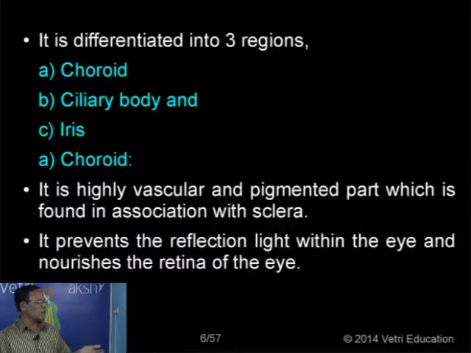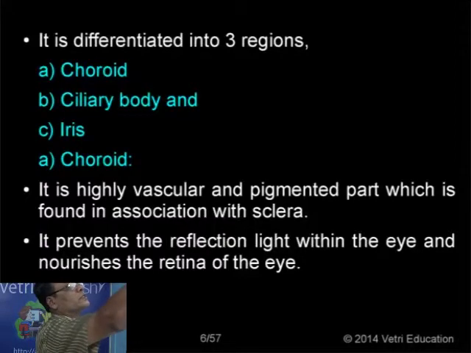The same function is performed by this layer, as it contains melanin pigment and is dark in color. Secondly, as it is supplied with more blood vessels, it nourishes the retina of the eye. So two important functions: preventing the reflection of light rays within the eye, and nourishing the retina as it is richly supplied with blood vessels.